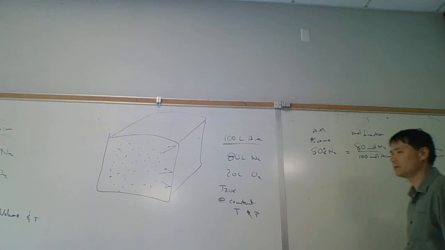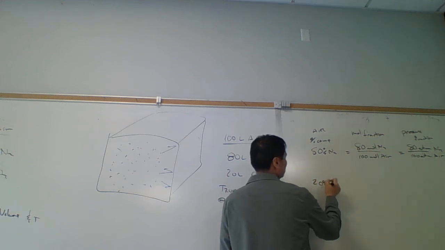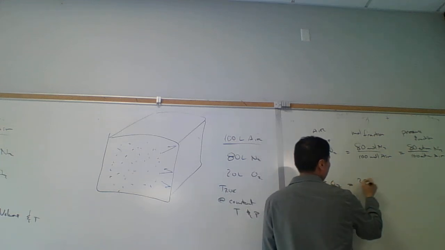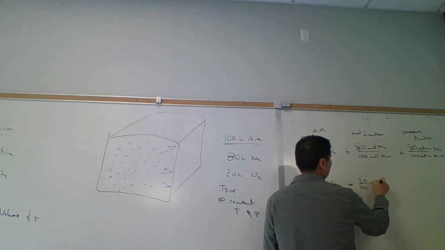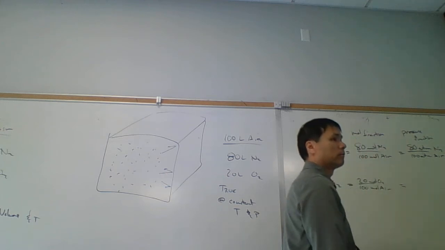Okay, we could do the same thing with O2. O2 is 20% O2, which is 20 moles of O2 out of 100 moles of air. R just remains the same all the time.